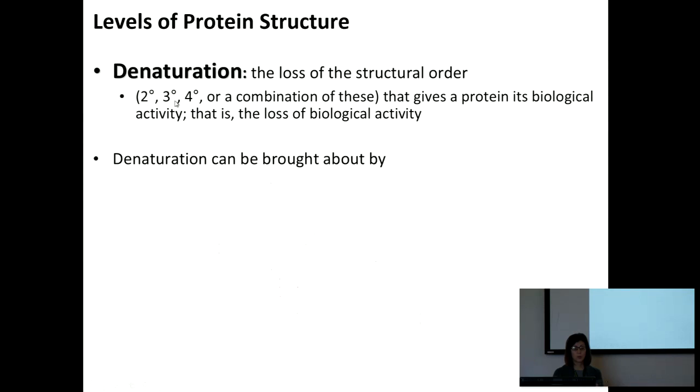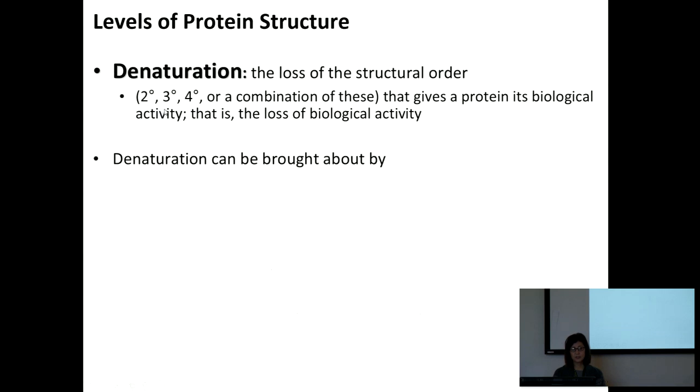We lose it by losing the quaternary structure if it has one, the tertiary structure, and sometimes the alpha helix and beta sheets will also get lost, but not always. By losing that tertiary structure, you're going to lose your biological activity. Sometimes we want to denature, sometimes we don't.